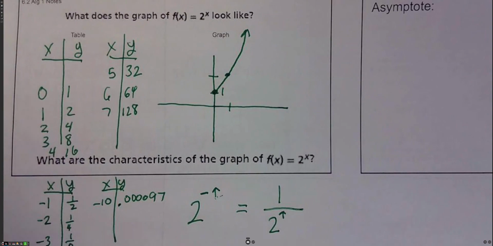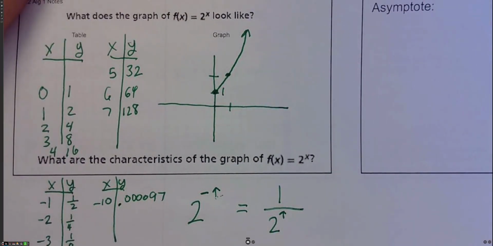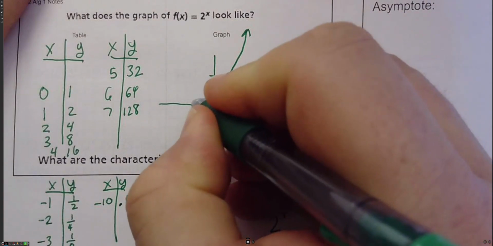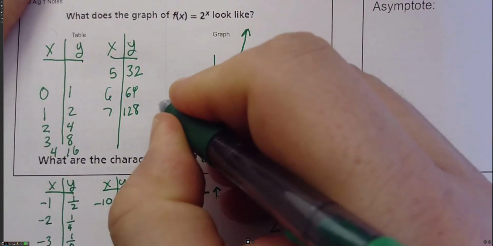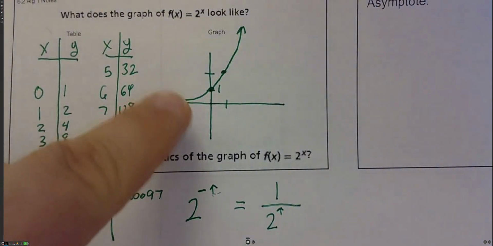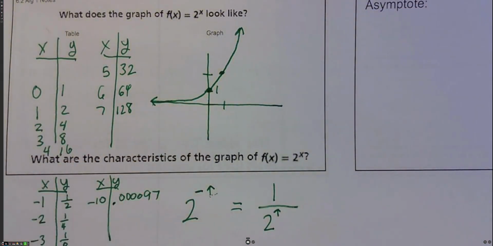So this gets super close to 0, but it never touches it. If I zoom in way far, there should be a little bit of a hair between 0 and that line. It approaches that line but never touches it. This is my brother that I'm like, I'm super close, I'm not touching.